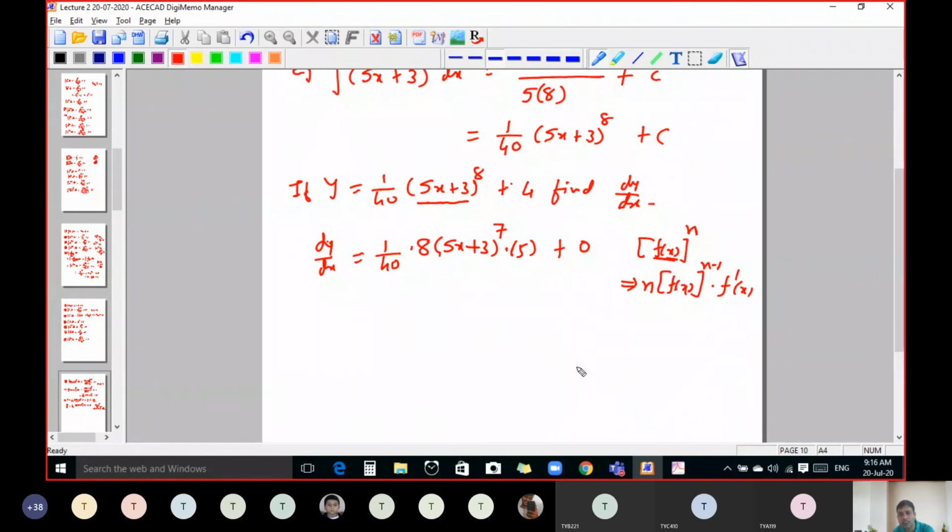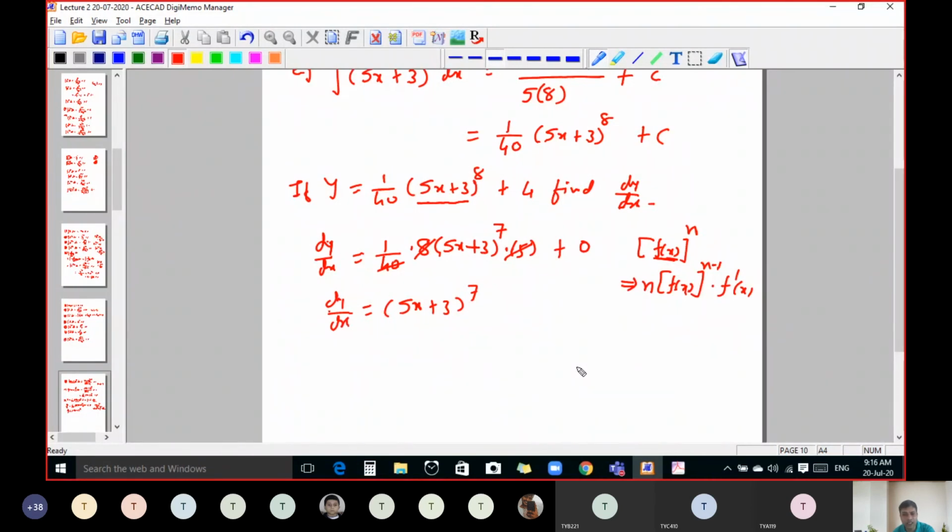This other one is a constant number, not the coefficient of any function, that is why it is a simple constant function, and that is why its derivative is 0. Now see, 8 into 5 is 40, so you can cancel the 40 with this 1 upon 40, and we get 5x plus 3 raised to 7. So the derivative of the given function is this.